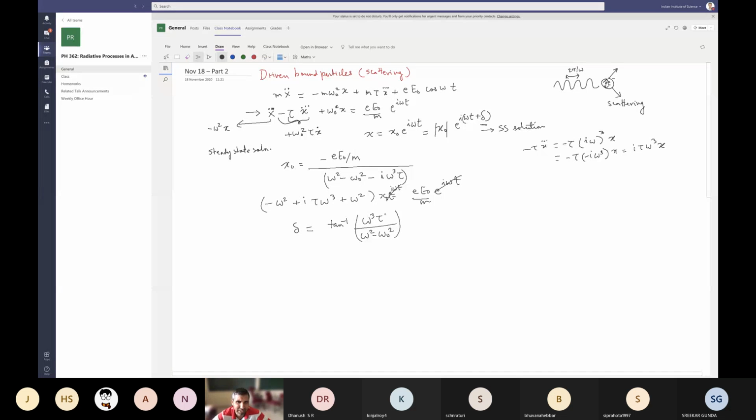This is trivial, I mean, you can just write this as an amplitude e to the i delta, and if you multiply and divide by the complex conjugate of this, you can read off this. This is standard complex numbers. So this is your phase. There is a phase shift because of this non-zero tau.